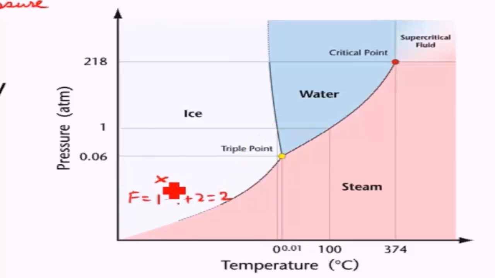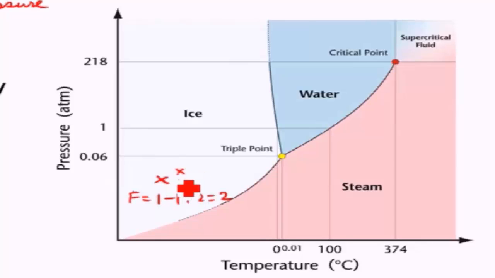This means that I can independently vary temperature and pressure here at this location and still remain in the ice phase itself. Let's say I increase temperature by this much and increase pressure by this much. I reach this new location, but still we are in the ice phase. A point to note: when you change the temperature and pressure, these are infinitesimally small changes.